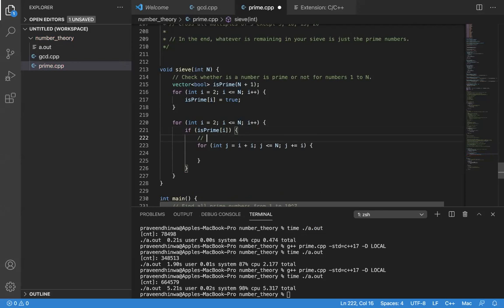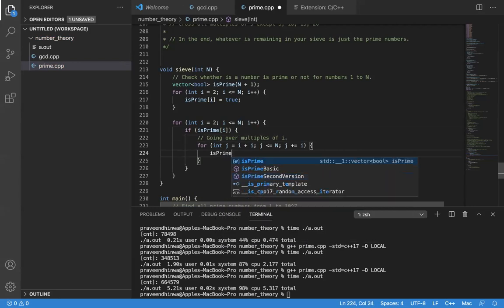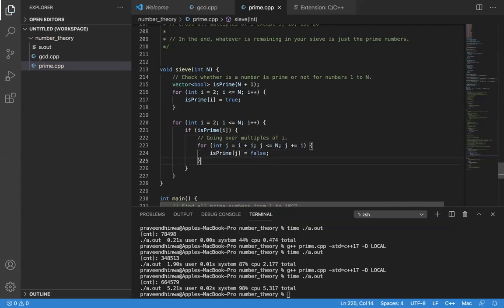So this is going over multiples of i, and I'm saying each prime of j is false. So these numbers are not prime. So finally, what do I do? Now, for whichever number is_prime of i is true, those numbers are prime.